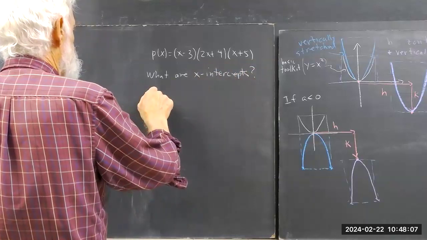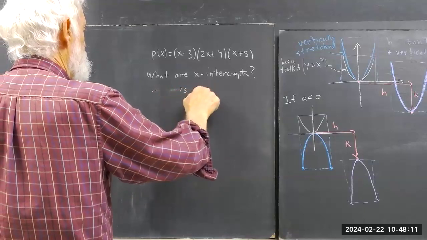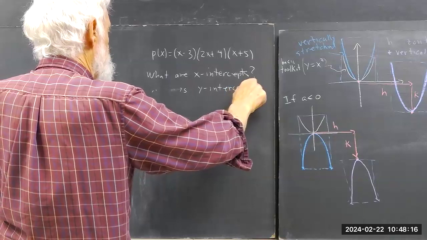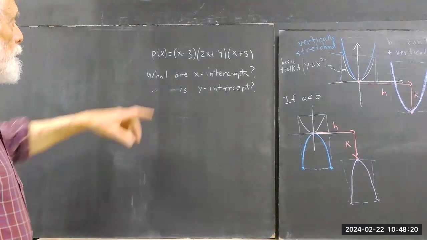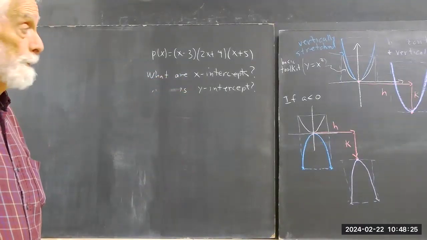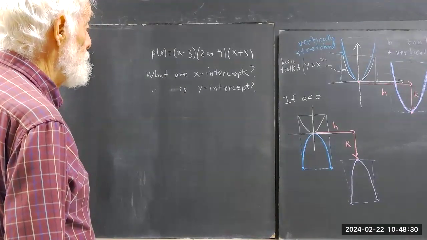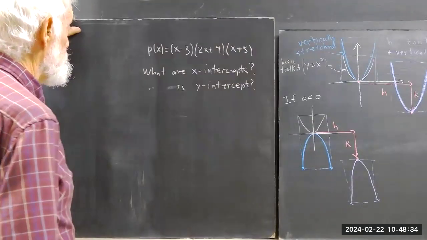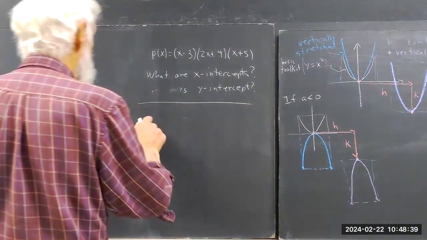Whether it's x-intercepts or the y-intercept, there's only one y-intercept. Okay, so how do you find x-intercepts? Well, just like what we just did, x-intercepts occur when y is 0.